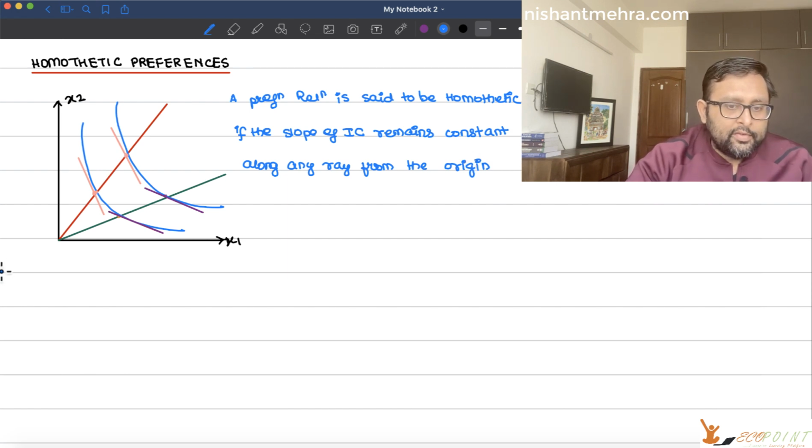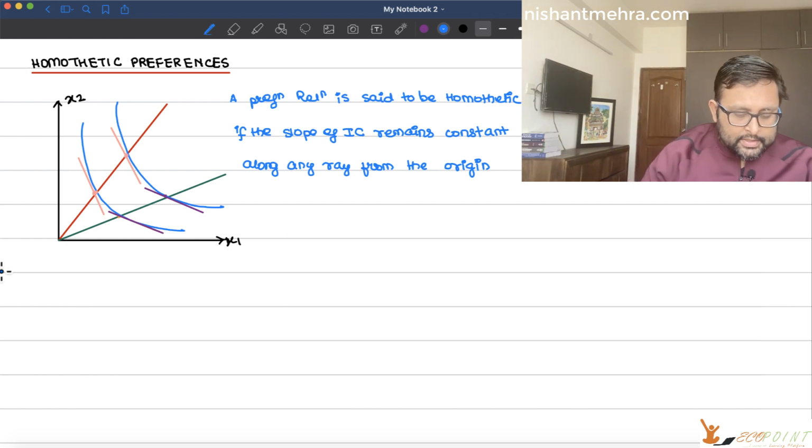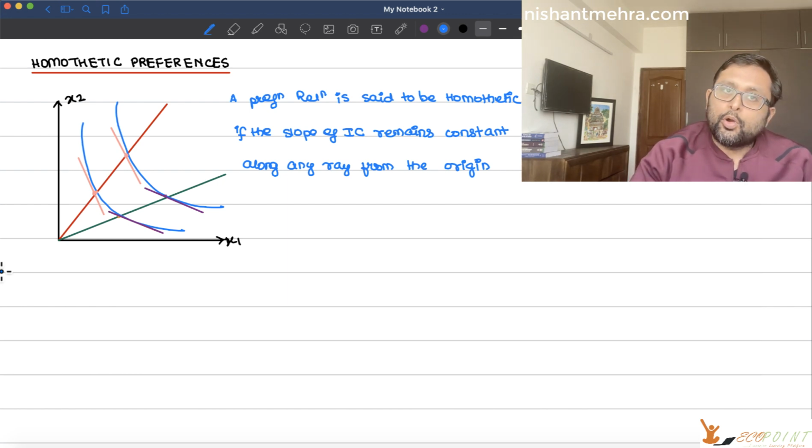So up until now, one thing we have learned, that there is a set of indifference curves, and if you draw a line right through the origin, if the slope remains same along that line, then such a preference relation is going to be homothetic. Now, what is the importance of knowing this?